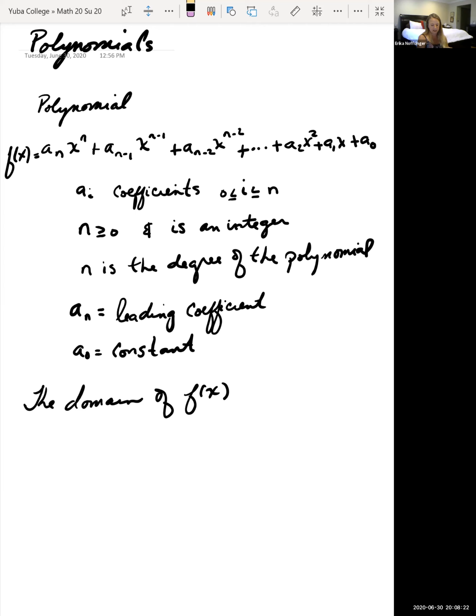It has to be an integer: 0, 1, 2, 3, 4, up to infinity. So we're not going to have anything that brings our variables down to the denominator or any radicals. Negative exponents would bring variables down to the denominator, but that can't happen because n has to be greater than or equal to 0. So the domain of f of x is all real numbers.